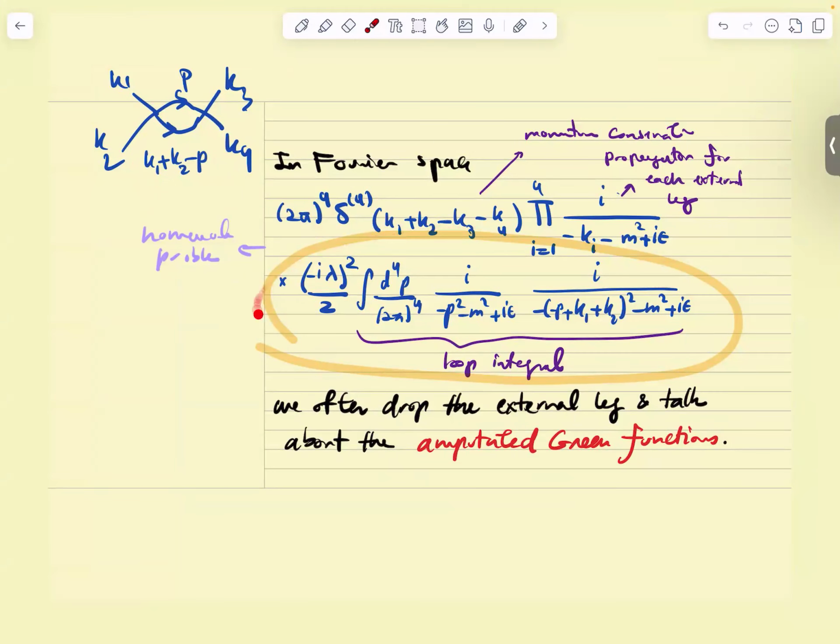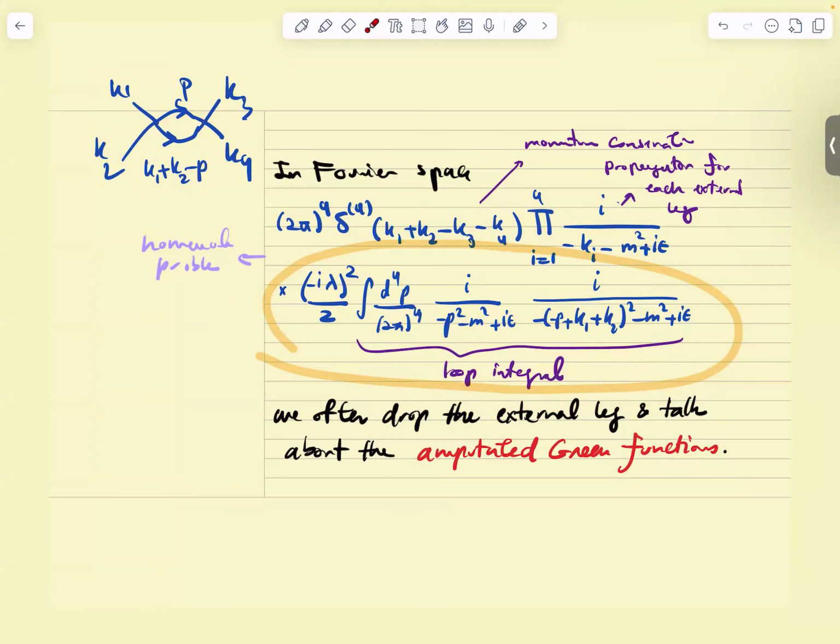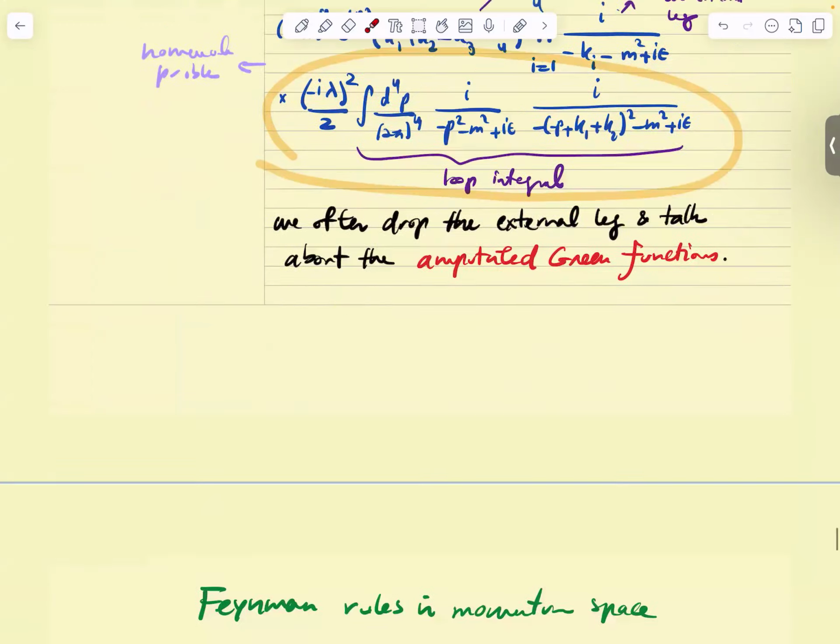All right, so we want to evaluate this integral. This is a loop integral. There is a propagator with momentum p. There is another propagator with momentum k1 plus k2 minus p, of course, because of the conservation of momentum. And these are time ordered, therefore i epsilons everywhere.